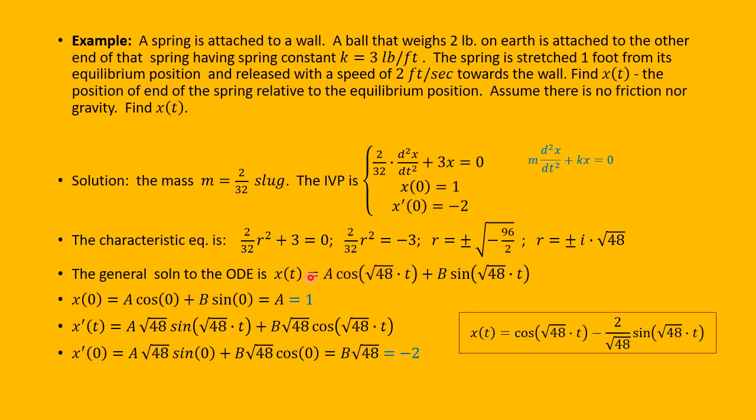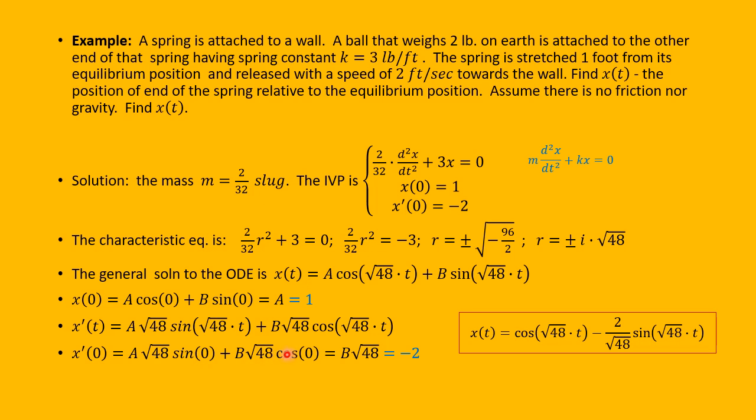Differentiate this general solution to find x prime of t, using the chain rule when necessary. So x prime of t is minus a times square root of 48 sine of square root of 48 t plus b times square root of 48 cosine of square root of 48 times t. Then, looking at the second initial condition, just plug in zeros for the t's.